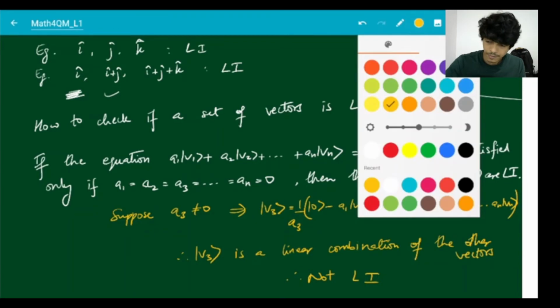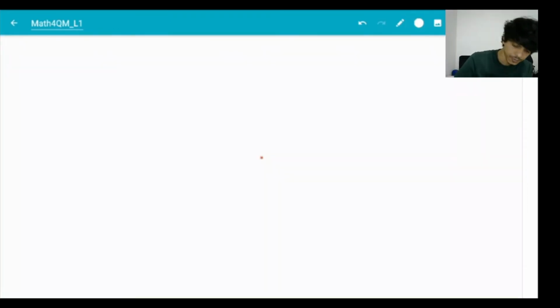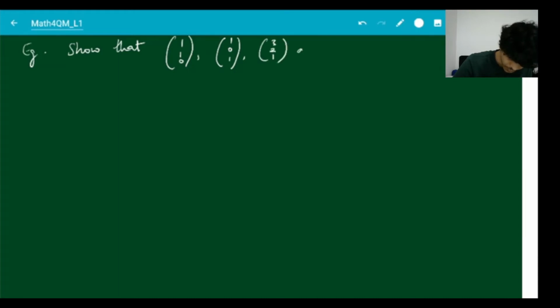So if I give you an example now, and I say show that these vectors 1 1 0, 1 0 1 and 3 2 1 are not LI. The way to do it would be you set up an equation like that.